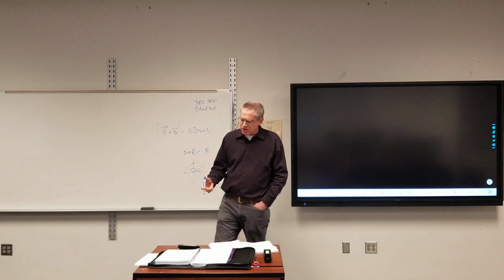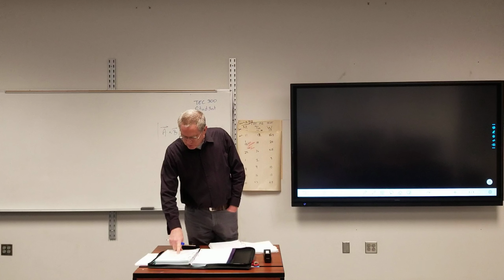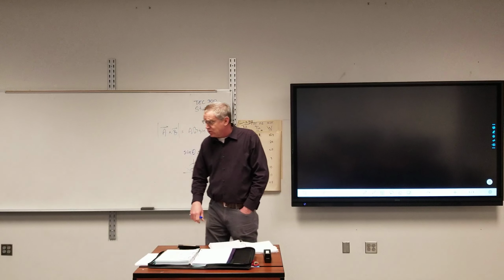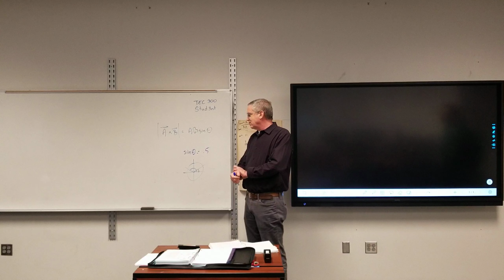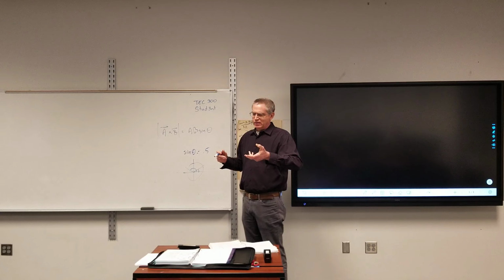Now, also in this particular problem, it says it experiences a magnetic force of 1.5 times 10 to the negative 16 newtons. That's the magnitude. There's no direction involved, so that's just the magnitude.